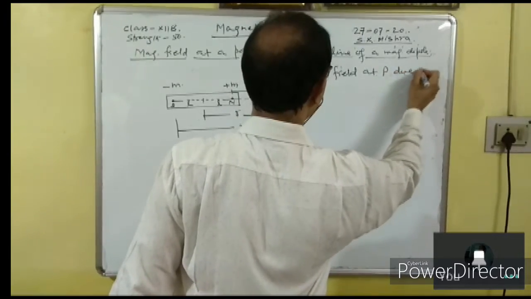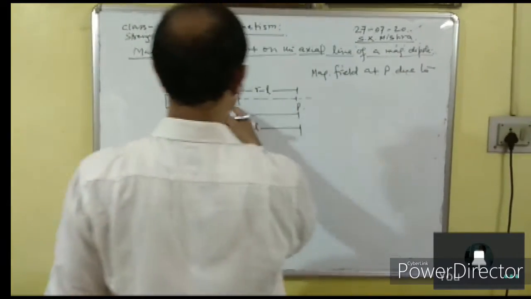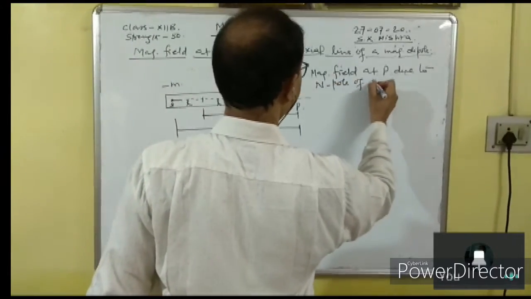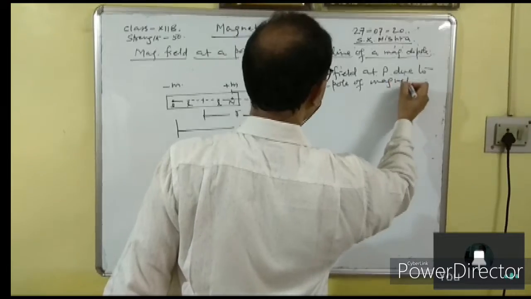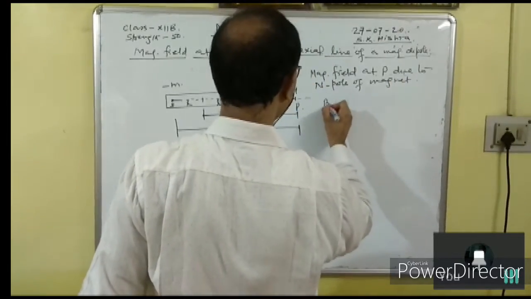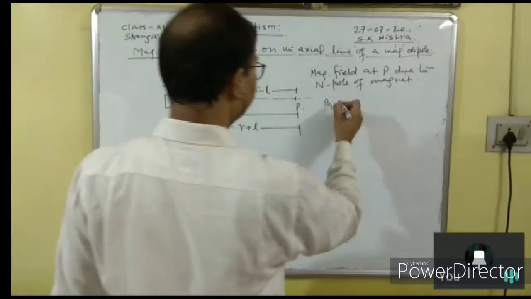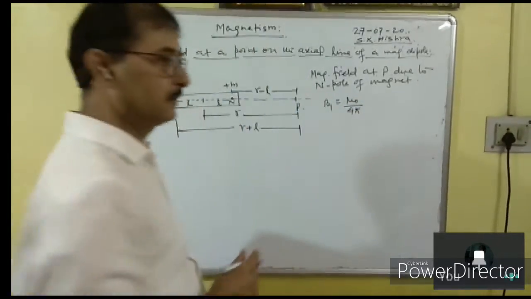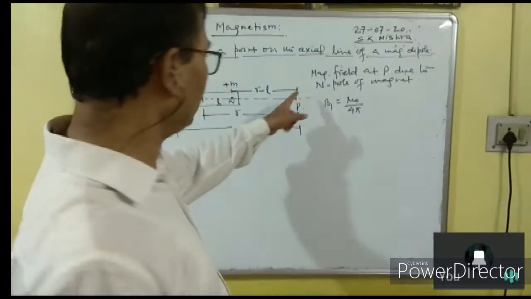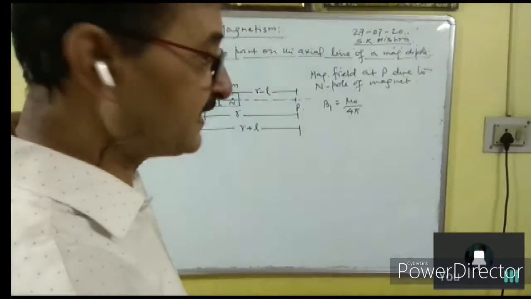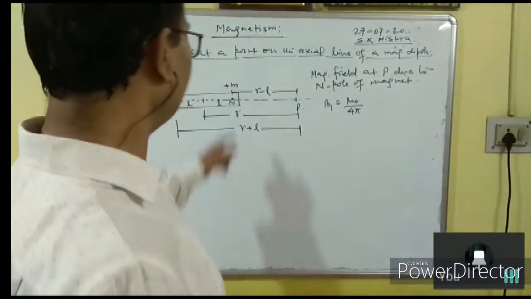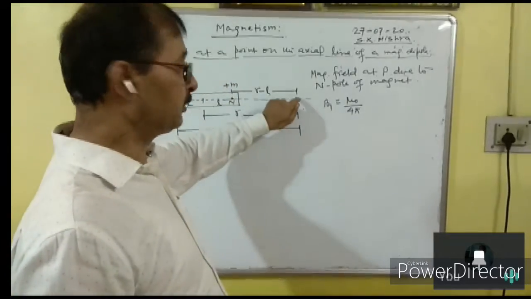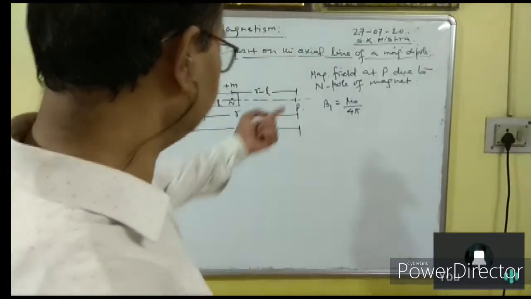So suppose this is the north pole. So north is plus M, the pole strength, and this is the south pole. So south is minus M. Now this is the magnetic axis, axial line. And consider a point P, say at a distance R from the center of the magnetic dipole.